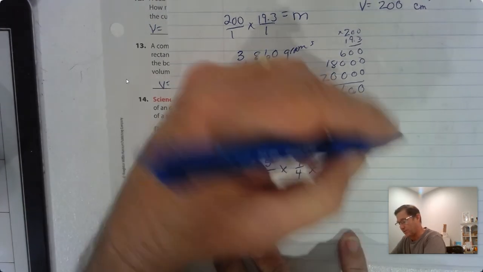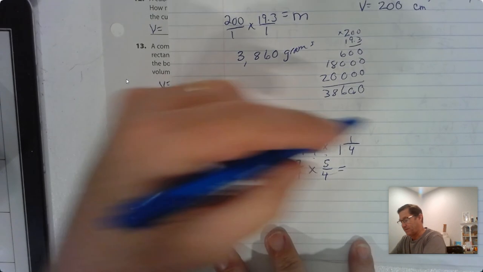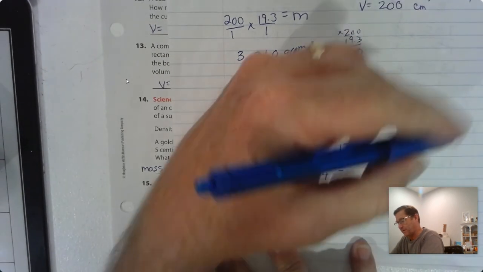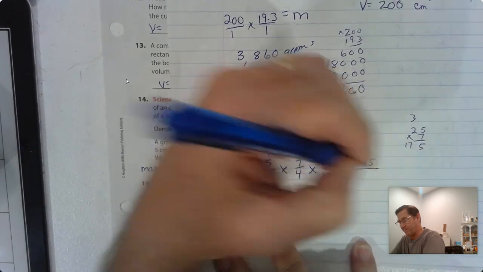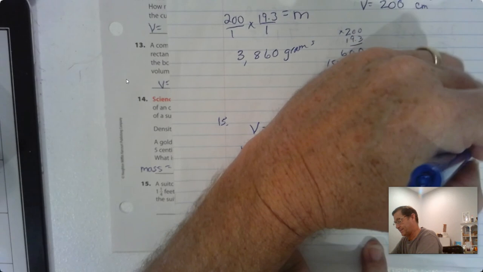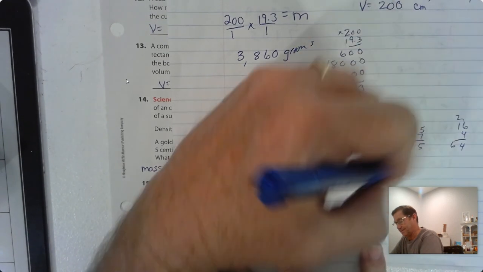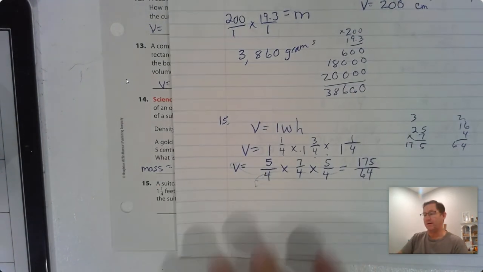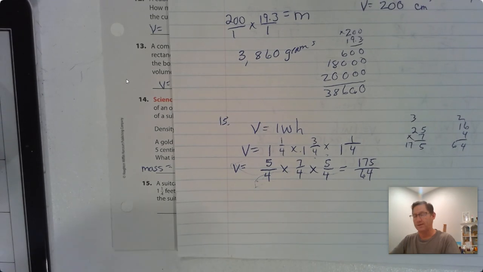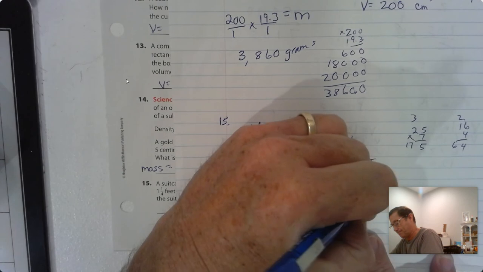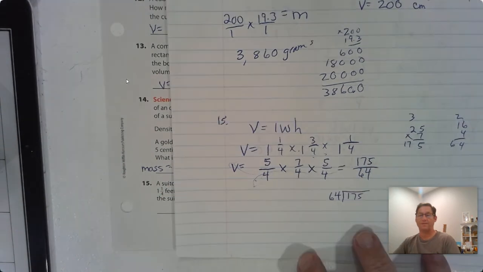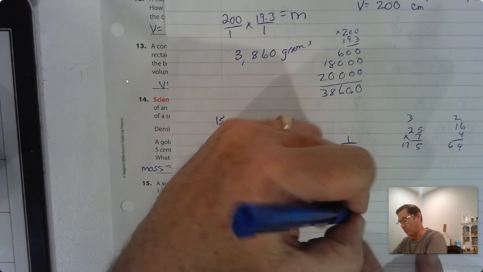All right, so let's go ahead and multiply straight across. 5 times 5 is 25 times 7. So that would be 175 over 4 times 4 times 4. Well, 16 times 4 is 64. So we have 175 over 64. Turn that back into a mixed number by dividing the numerator, 175, by the denominator, 64.